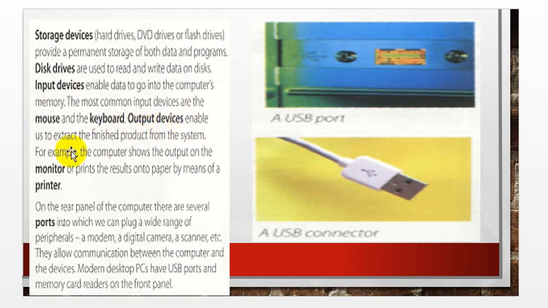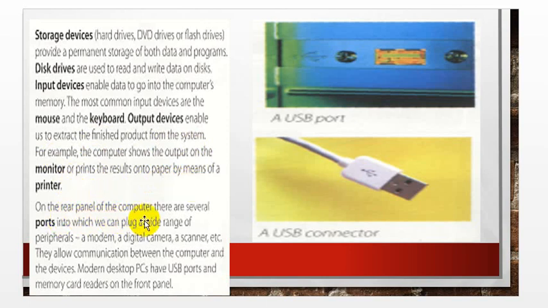Output devices enable us to extract the finished product from the system. For example, the computer shows the output on the monitor or prints the result onto paper by means of a printer.